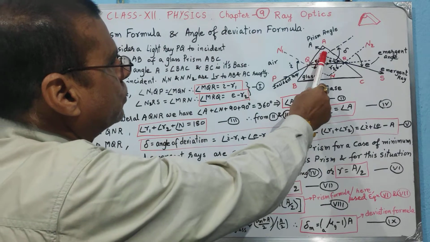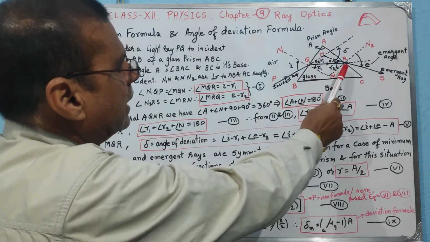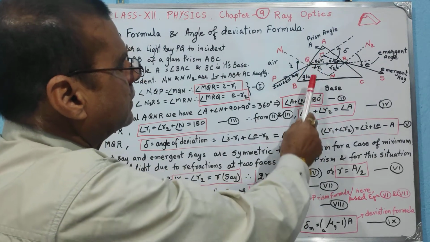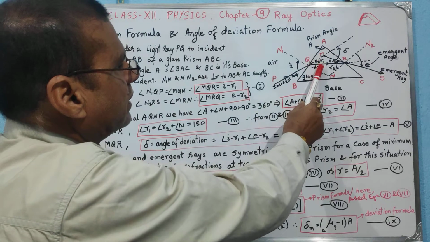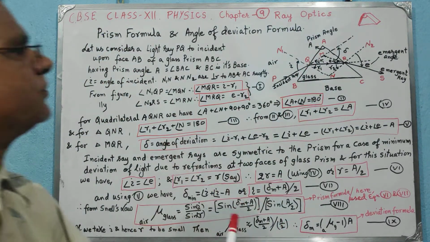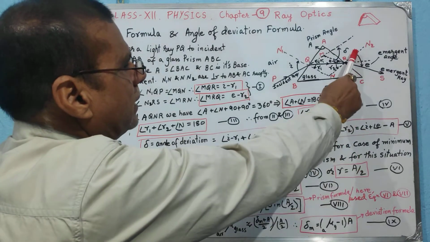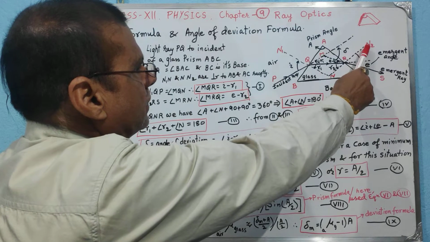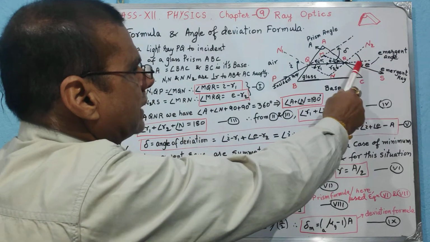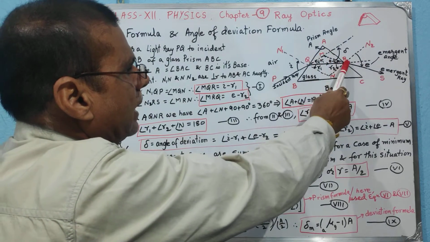So this whole angle MQN is equal to I, and since we have considered angle RQN is R1, the remaining part of this angle must be equal to I minus R1. In the same fashion, the vertically opposite angle N2RS, equal to the emergent angle E, must be equal to MRN.